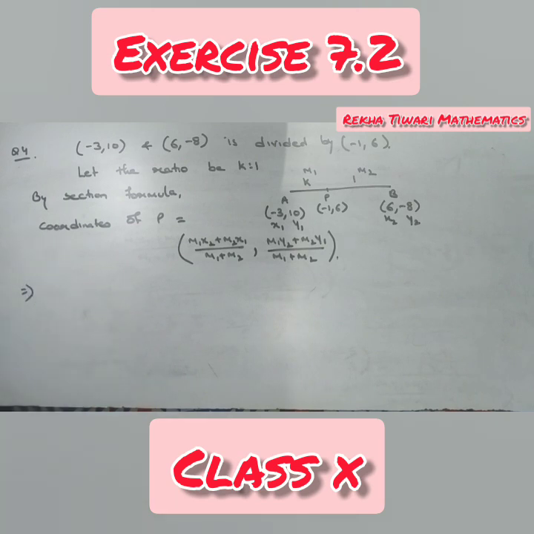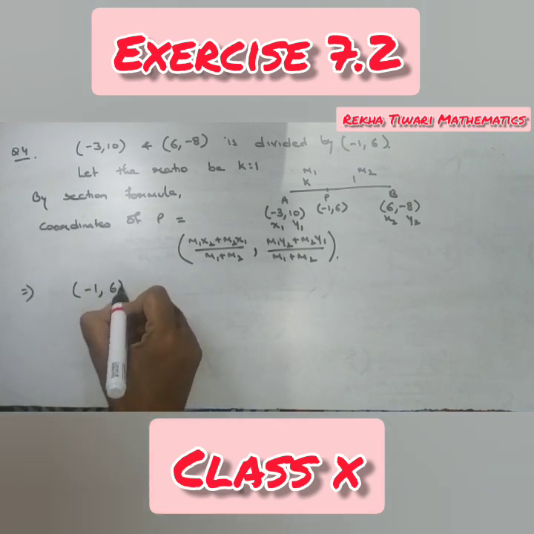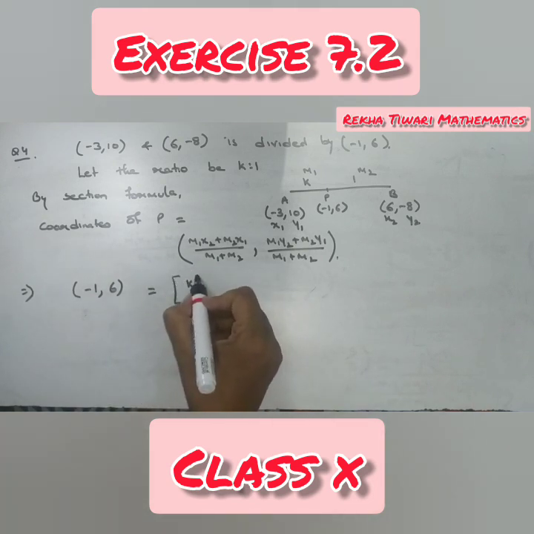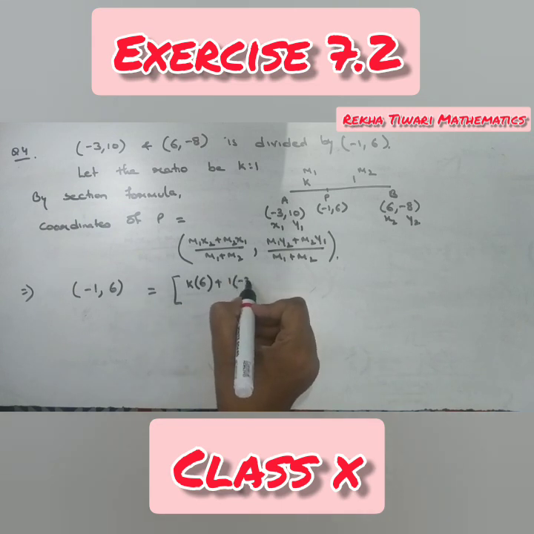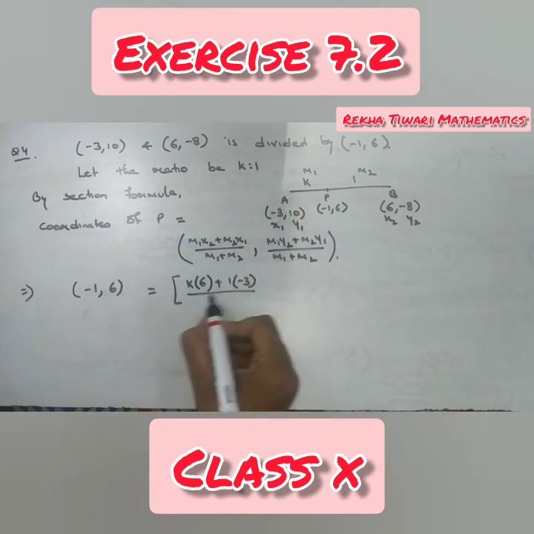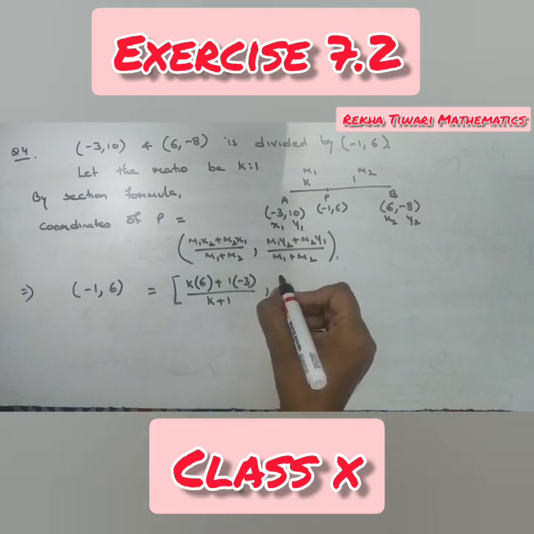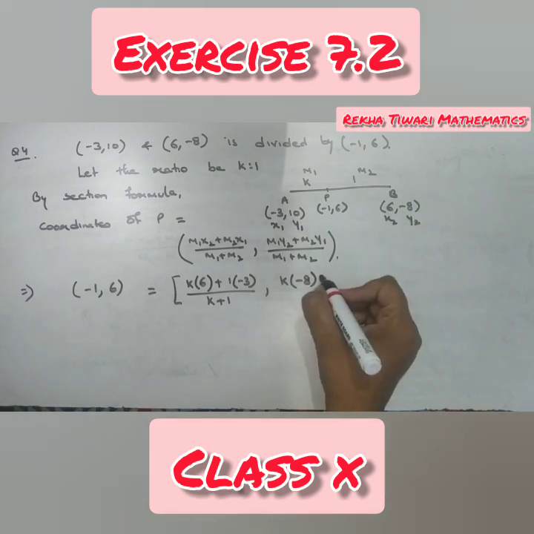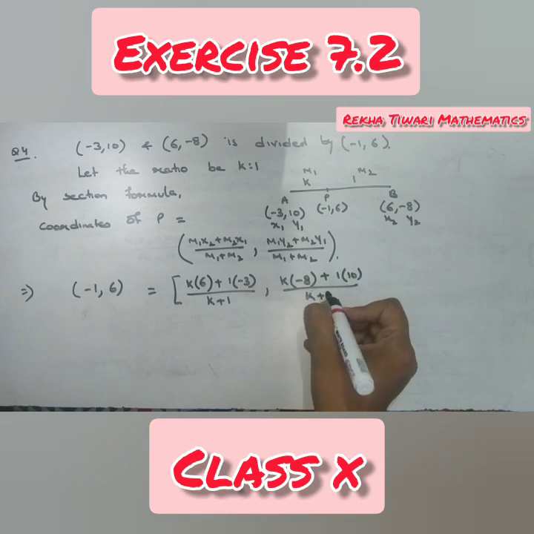This implies, just put down all the values known to you. Coordinates of P is -1, 6 is equal to m1 k into x2 is 6 plus 1 into -3, x1 is -3 upon k plus 1, comma k into -8, y2 is -8 plus 1 into 10 upon k plus 1.